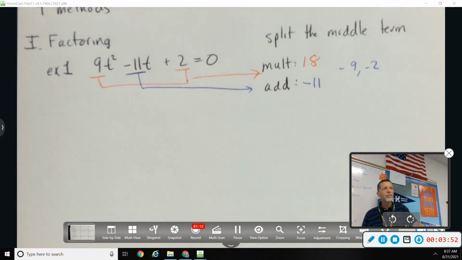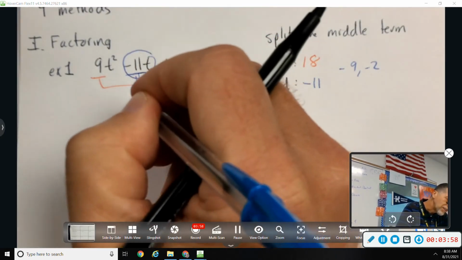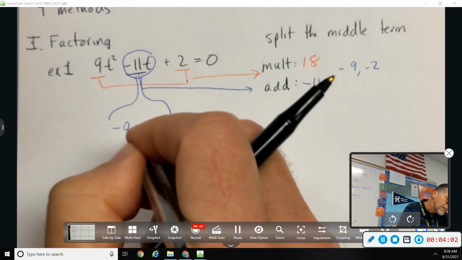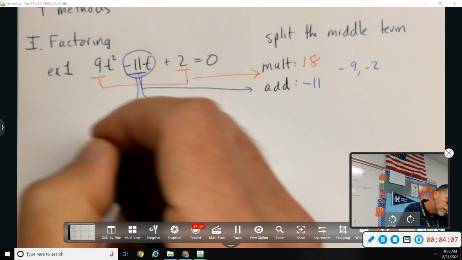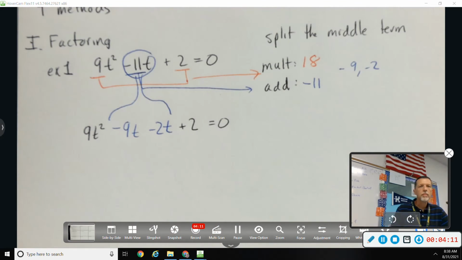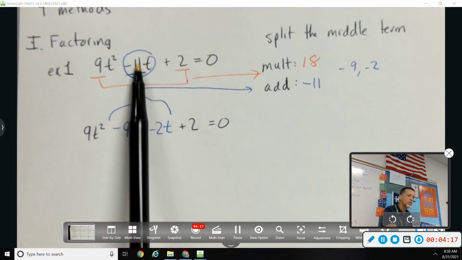Are those the answers to the question? No, that's how I'll split the middle term. So I'm going to take negative 11t and rewrite it as minus 9t minus 2t. We've split the middle term. That's the name of the method.